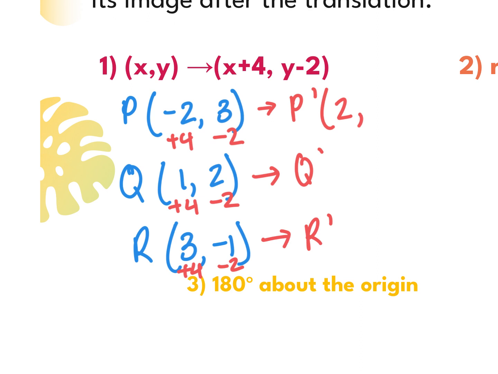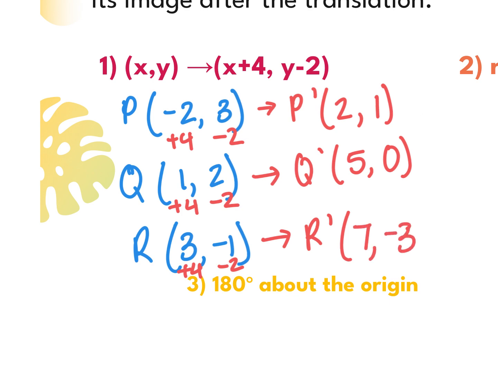And then what's 3 minus 2? Good, 1. Those are my new coordinates now. What about Q? 5, 0, good. And what about R? It's positive 7 because it's 3 plus 4. And then it would be negative 3. Good. I just found my new coordinates.